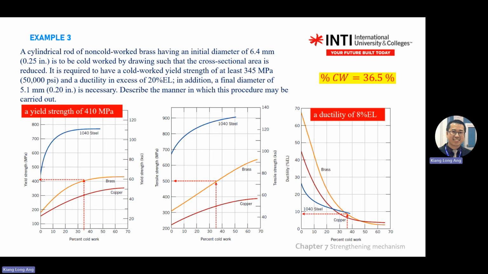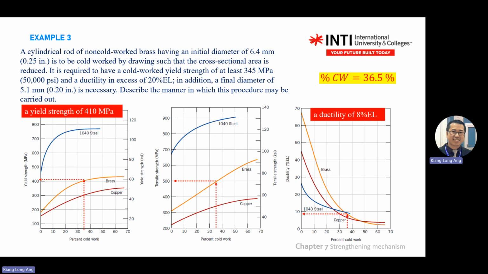So how much cold work do you need? Here, you go here, extend here, go down. How many percent? About 25, right? So it's about 25% cold work to meet this requirement.